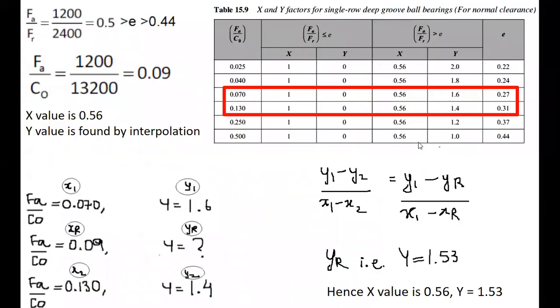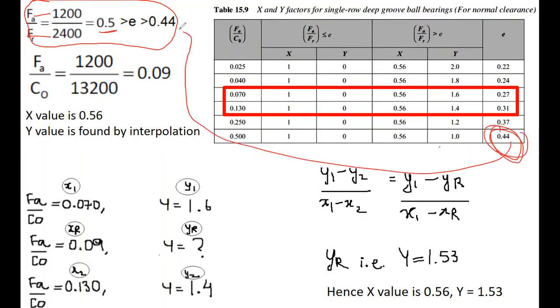Now let's go and find out our X and Y factors. For finding out X and Y factors, you need to first find out FA by FR ratio. FA is 1200, FR is 2400, which is 0.5, which is higher than this E value 0.44. So you can say FA upon FR is higher than E, which is 0.44.